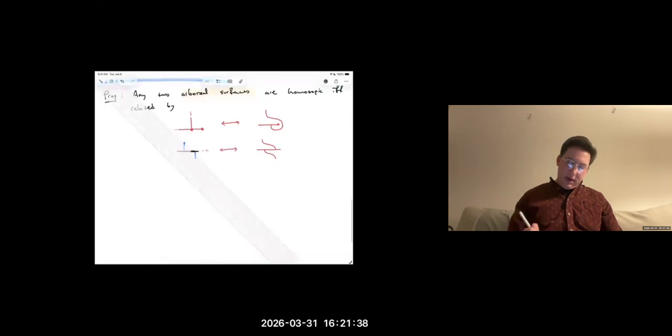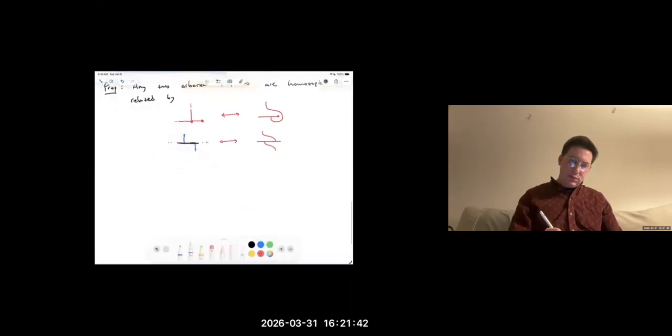One of them is a birth-death cancellation of critical points. So it looks like this. Here we have an index 0 critical point and an index 1 critical point, and I just cancel both of them. And I'm just left with this other piece.